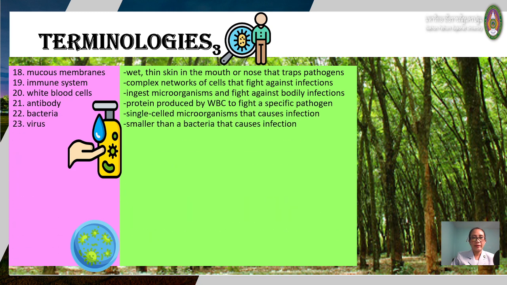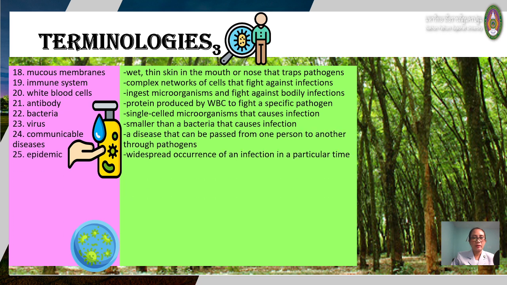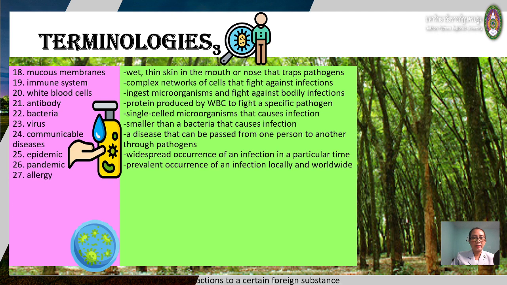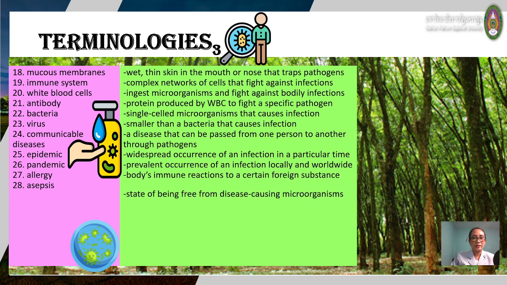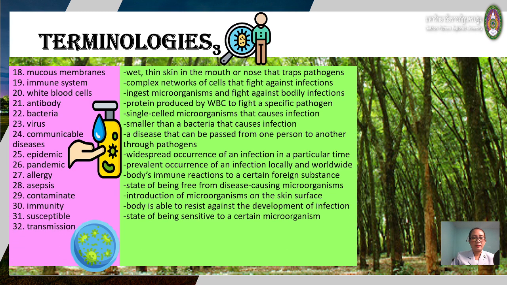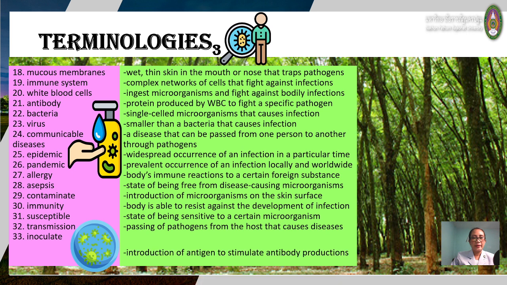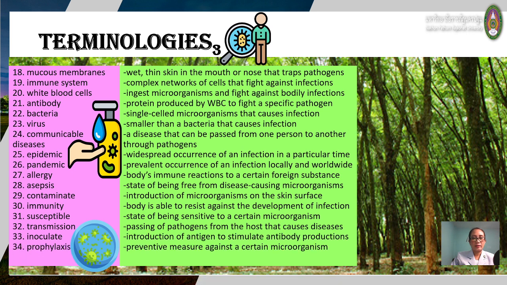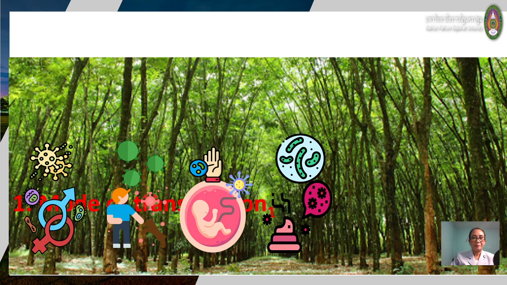As you can see here, I did not skip any single terminology, because they're very useful in discussing infectious diseases. All right, almost there. And the last one. So please study this again at your own pace.